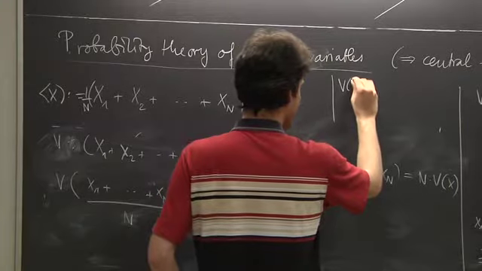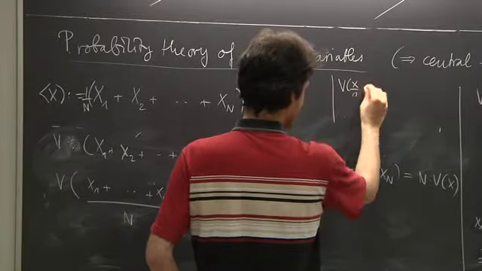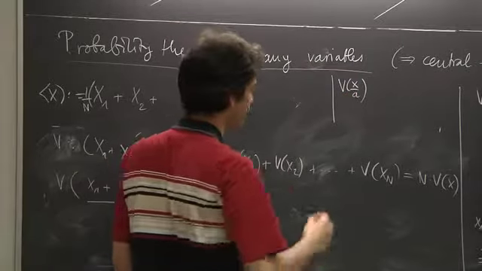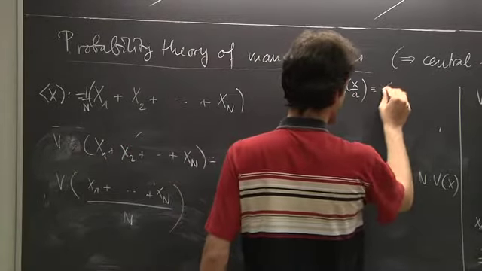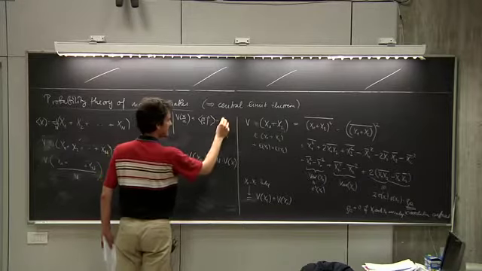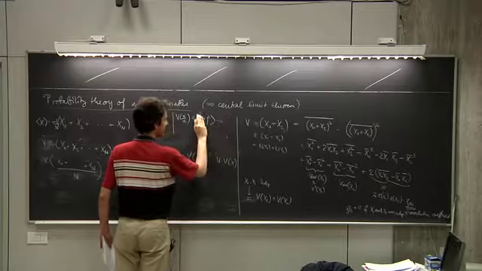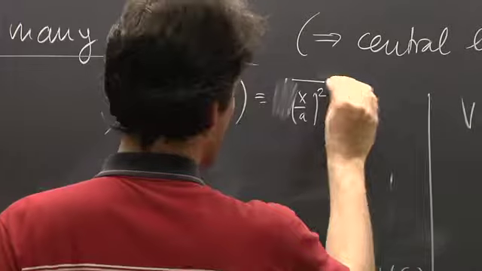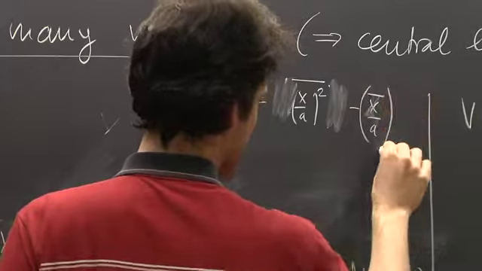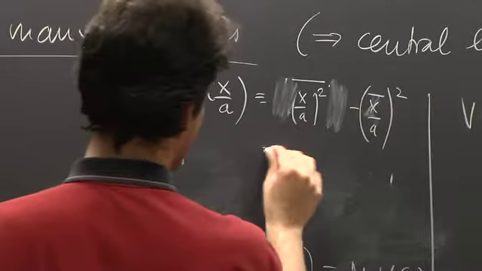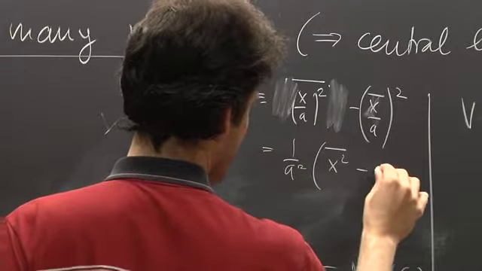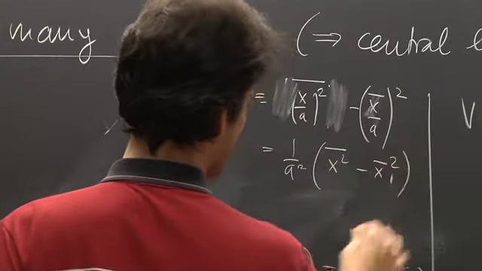If you have the variance of any variable divided by some constant a, by definition, this is the average of (x over a) squared minus the average of x over a, squared, and you see that this is just 1 over a squared times the average of x squared minus the average of x, squared.